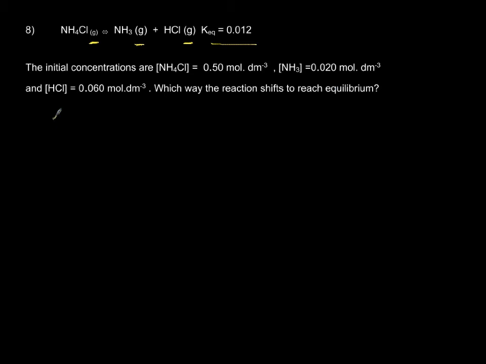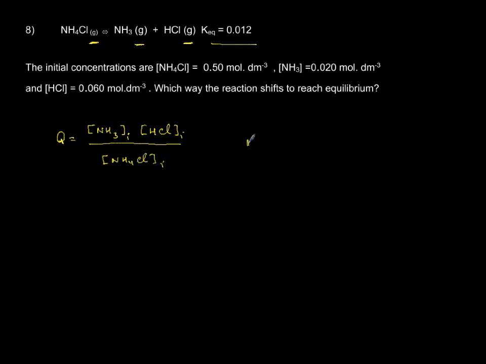This is a case where you need your reaction quotient, Q. Q has the same connotations as K equilibrium, except it applies when the reaction is initially starting or somewhere that might not necessarily be equilibrium. So this is what the reaction quotient looks like.